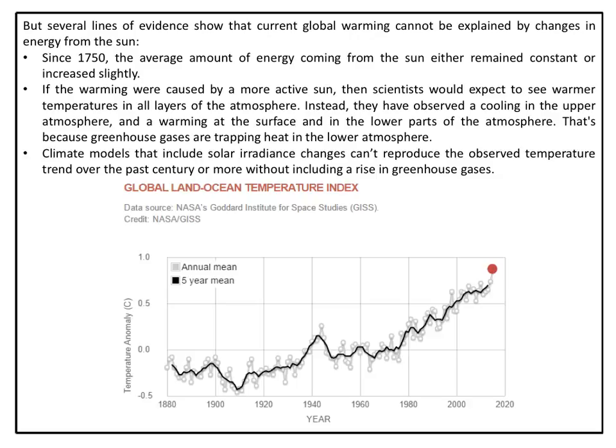Instead, they have observed a cooling in the upper atmosphere, and a warming at the surface and in the lower parts of the atmosphere. That's because greenhouse gases are trapping heat in the lower atmosphere. Climate models that include solar irradiance changes can't reproduce the observed temperature trend over the past century or more without including a rise in greenhouse gases.